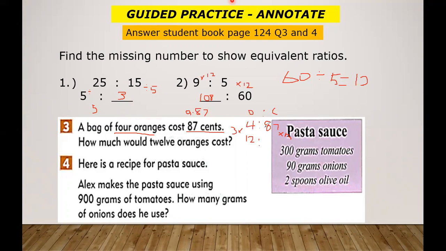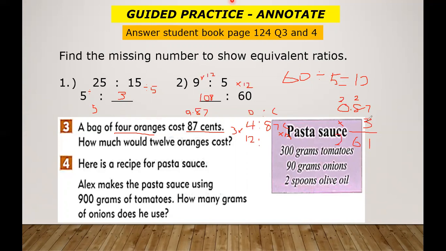So you will do this first, this is cents. 87 times 3, so you can multiply it like this. 7 times 3 is 21, carry 2. 3 times 8 is 24, plus 2 is 26, carry 2. 3 times 0 is 0, plus 2 is 2.